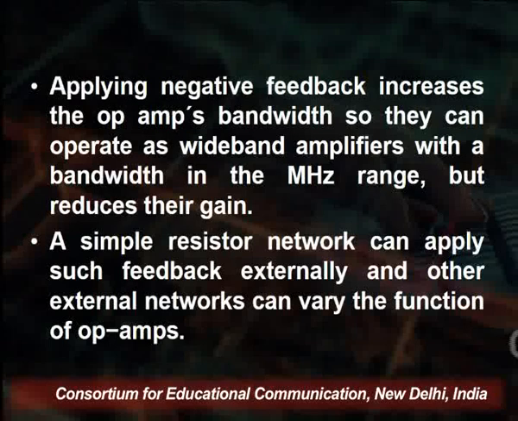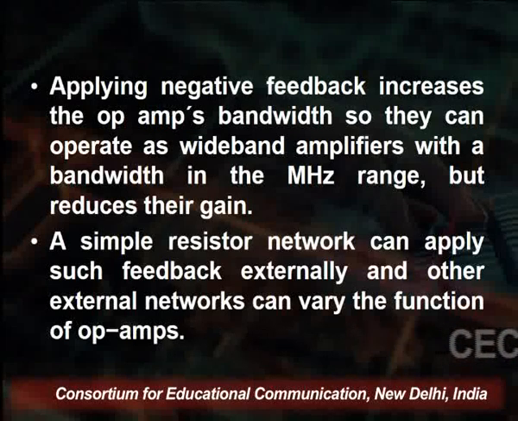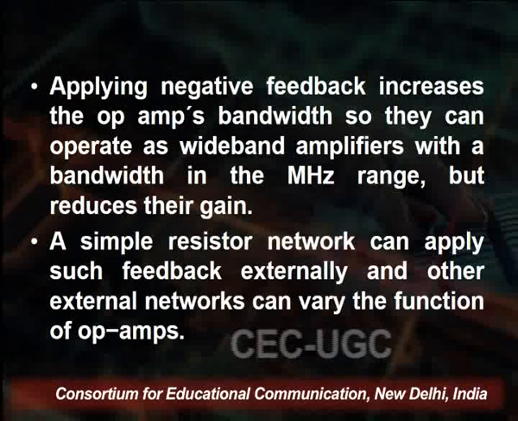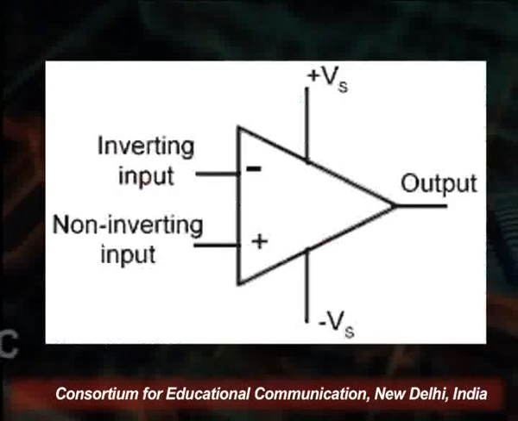So its bandwidth is in the megahertz range, but its gain is less because of the wide range. A simple resistor network can apply such feedback externally, and other external networks can vary the function of the op-amp amplifier. So this is a diagram of the op-amp amplifier.